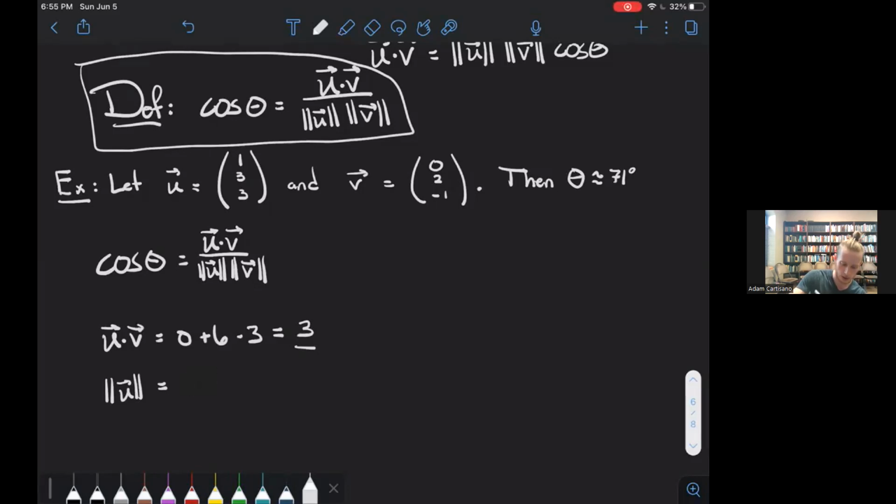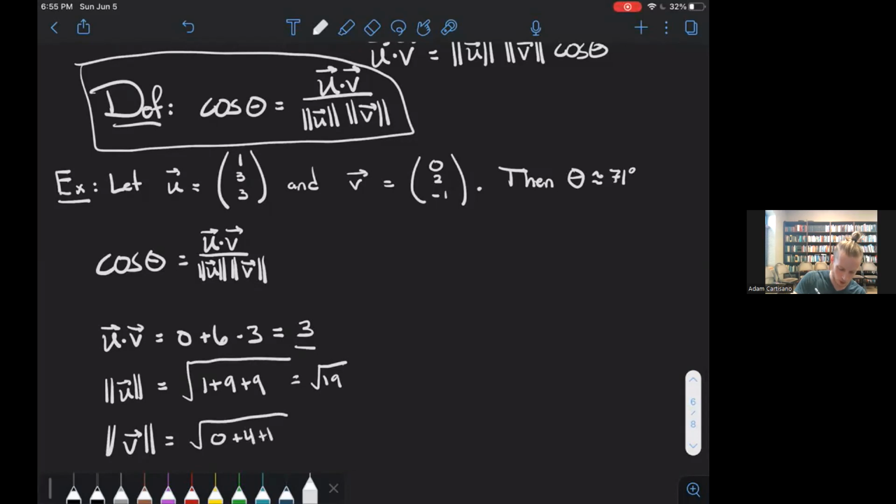We'll write one step in there: square root of 1 plus 9 plus 9 equals root 19. Right? u dot u, take the square root. And then finally, the norm of v is v dot v, square root. So square root of 0 plus 4 plus 1, so root 5.